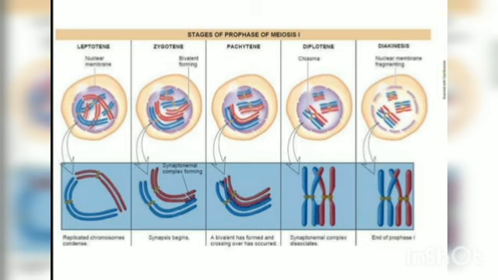Like mitosis, meiosis 1 has its 4 stages. What are these? Prophase 1, metaphase 1, anaphase 1, telophase 1.